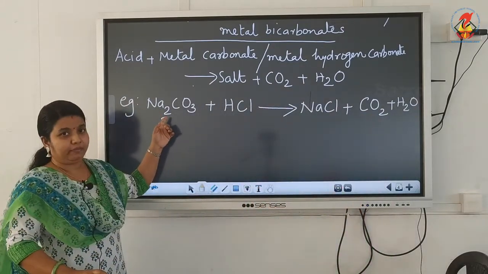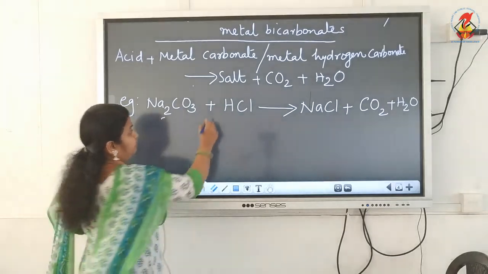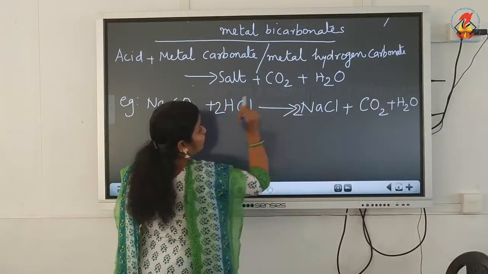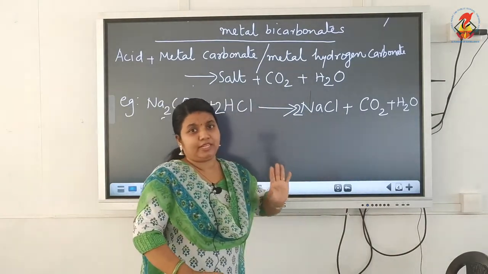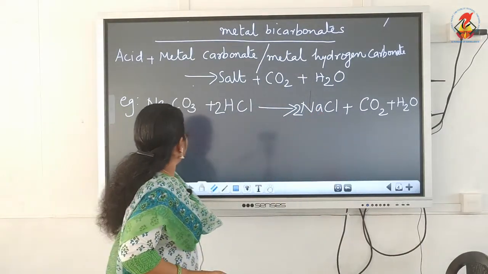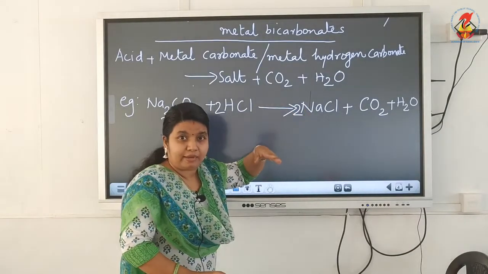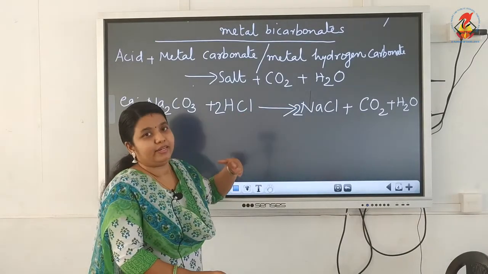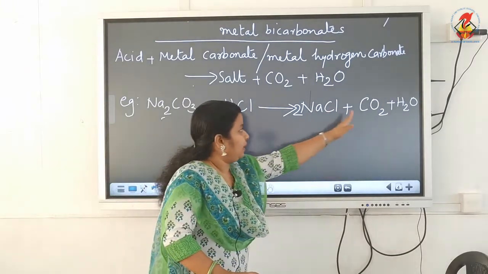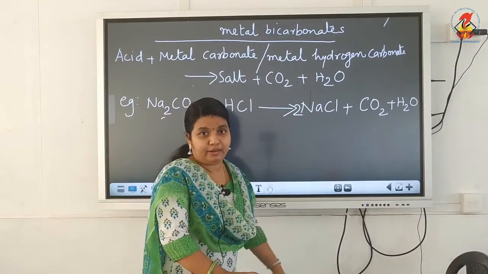So sodium carbonate reacts with hydrochloric acid to form sodium chloride, carbon dioxide and water. This is the salt here. The metal here is sodium, so the name of the salt starts with sodium. The second part comes from the acid taken, that is hydrochloric acid, so it is chloride. Sodium chloride is the salt. The other two products are already given in the general equation, carbon dioxide and water.